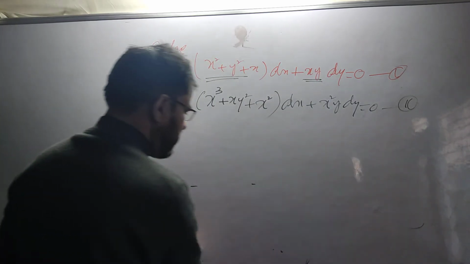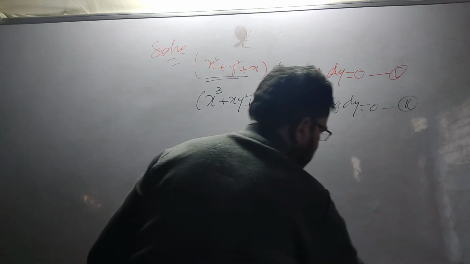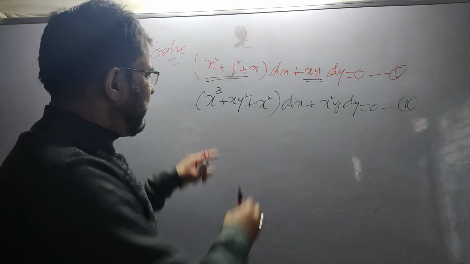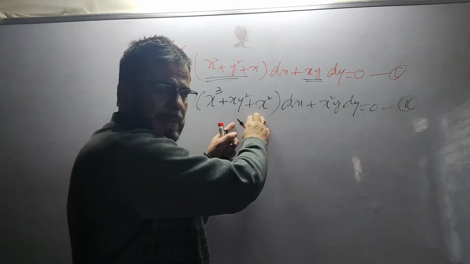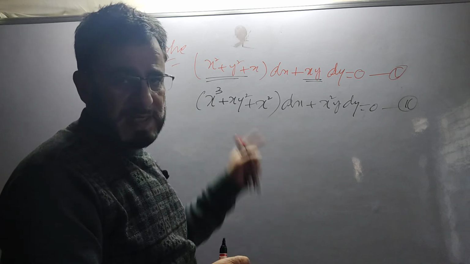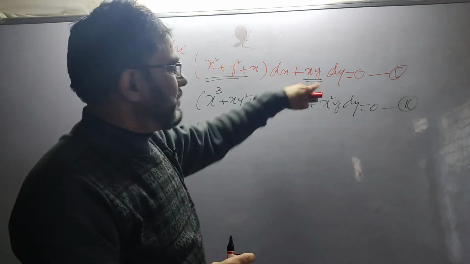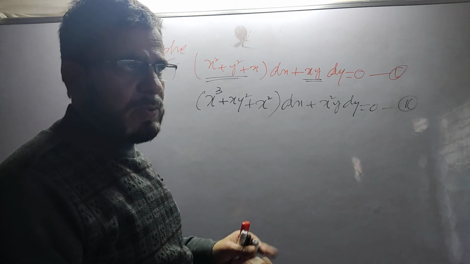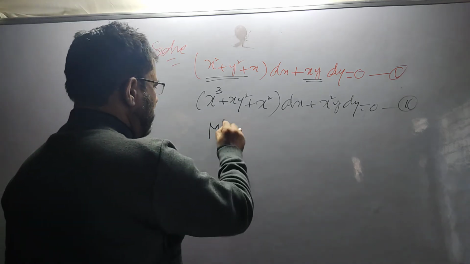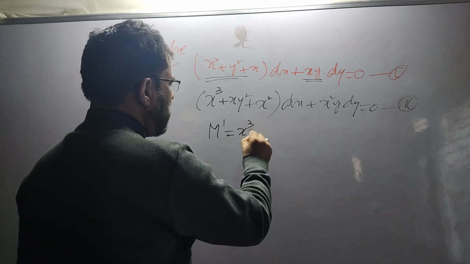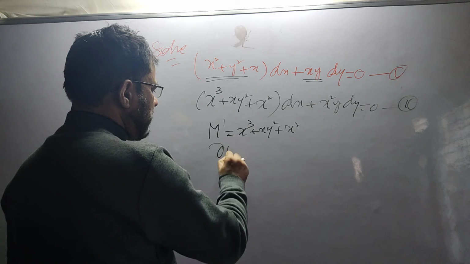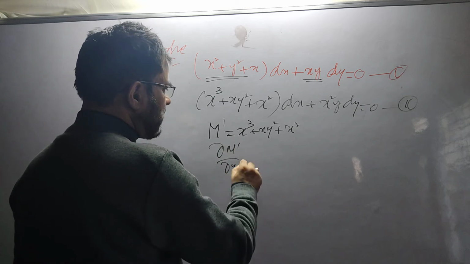Let me see, is this now exact? Is this exact or not? For that, I have already told you, I will now change this. I will name this m dash and this n dash, because if I again use m, you may get confused, because we have used m for this, n for this. There is no ambiguity if you take this as m dash. M dash we take x cube plus xy square plus x square. Partial of m dash with respect to y we have to take.